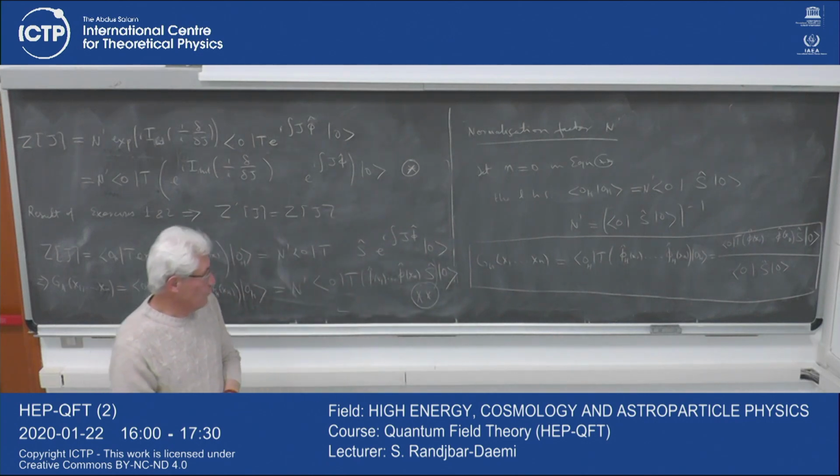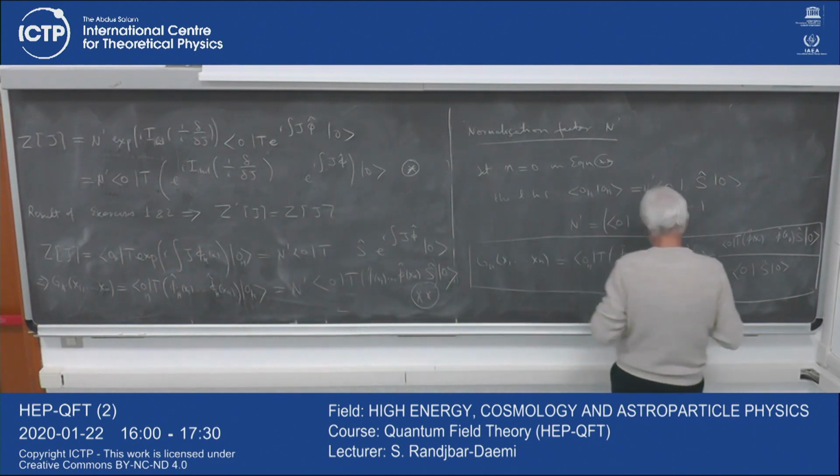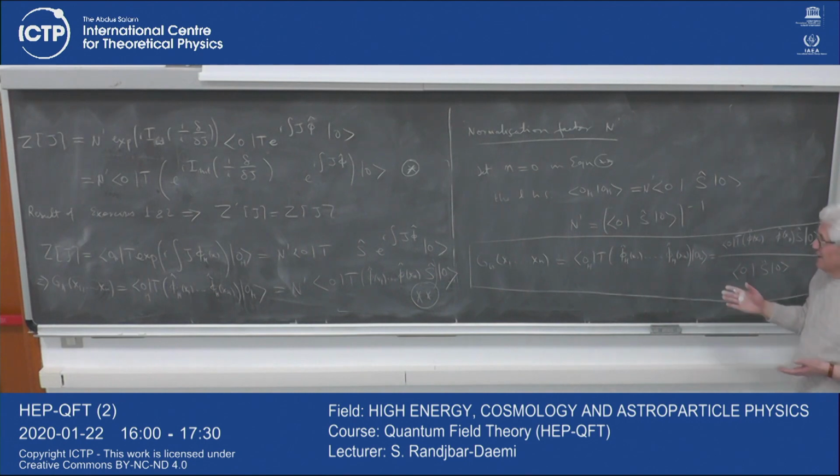So, what are we going to do with this now that we have obtained it? The idea is, of course, to calculate it. And you have, in principle, a machine to calculate these objects.